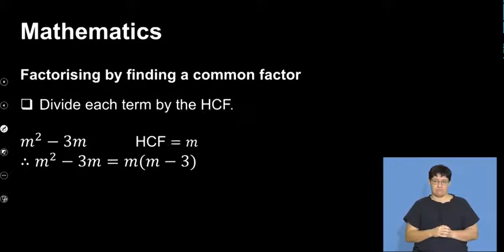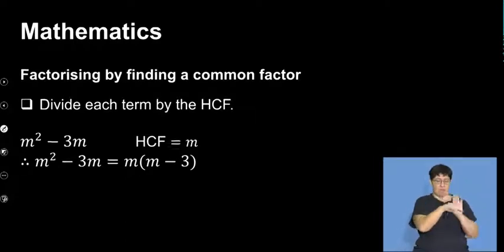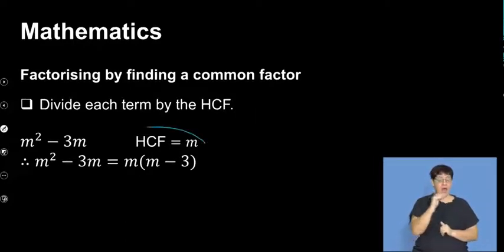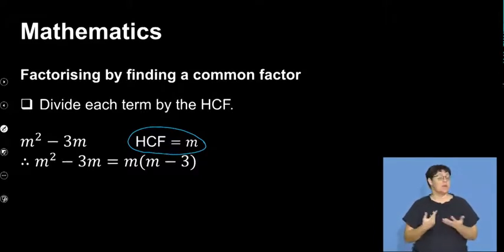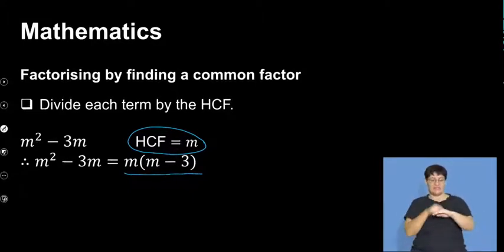Let's look at maybe some more complex ones where it's mostly variables. I have m squared minus 3m. The highest common factor here will be m, right? Because it's divisible in m squared and it is also divisible in 3m. How do I then get what is written after the equal sign here? I take each term and divide it by the highest common factor.